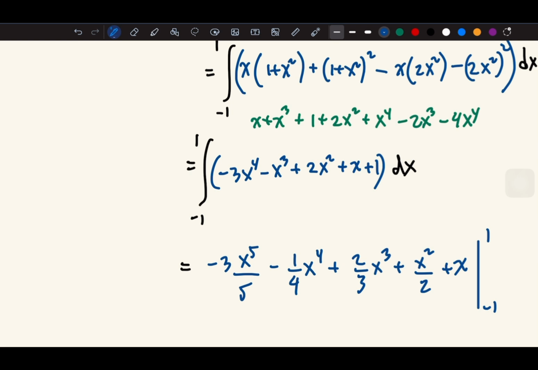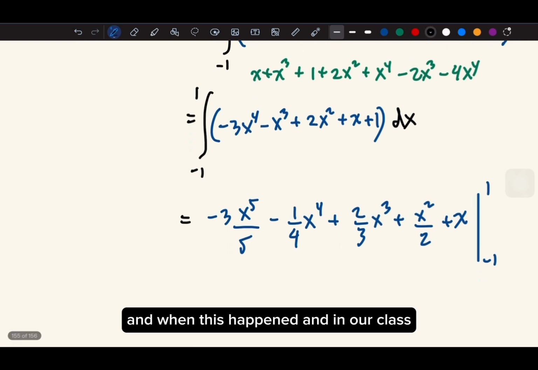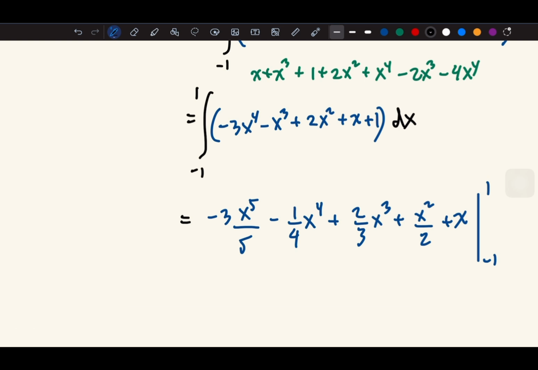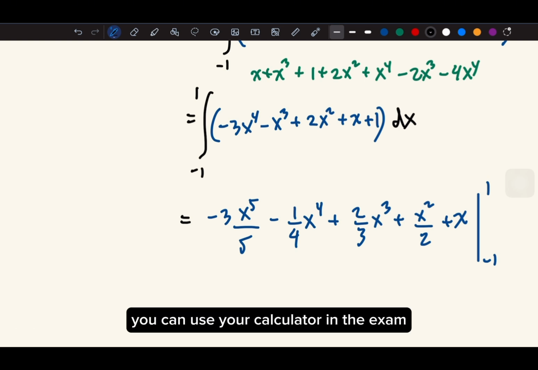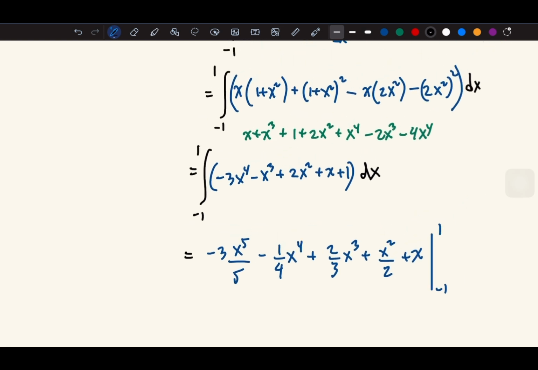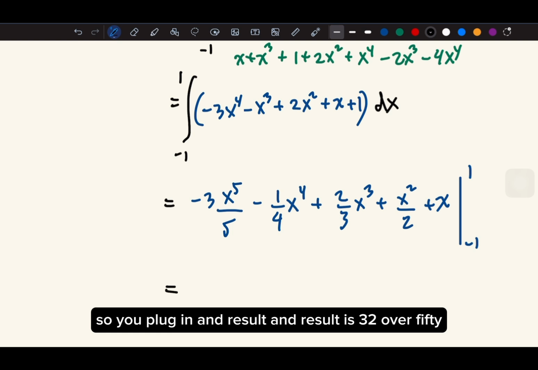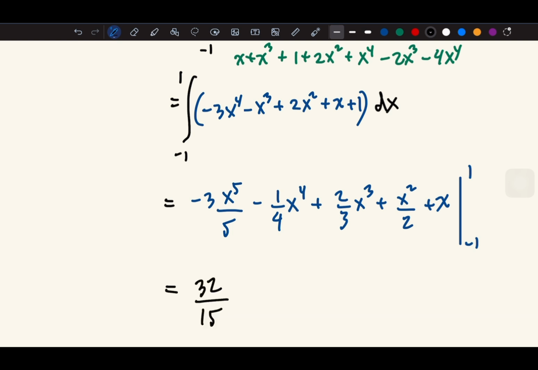In our class, you can use your calculator in the exam, so I think still okay. So you plug in, and the end result is 32 over 15.